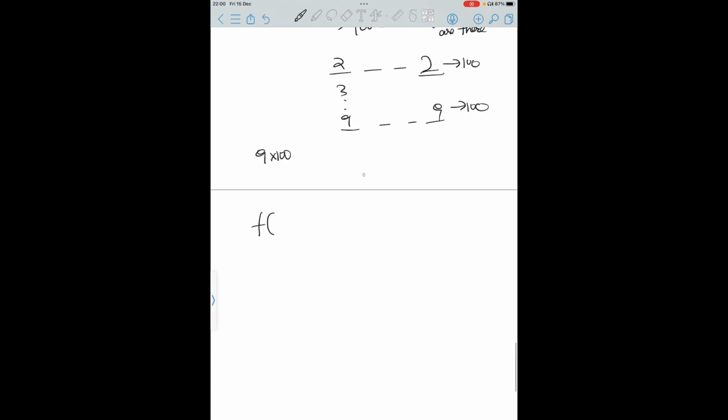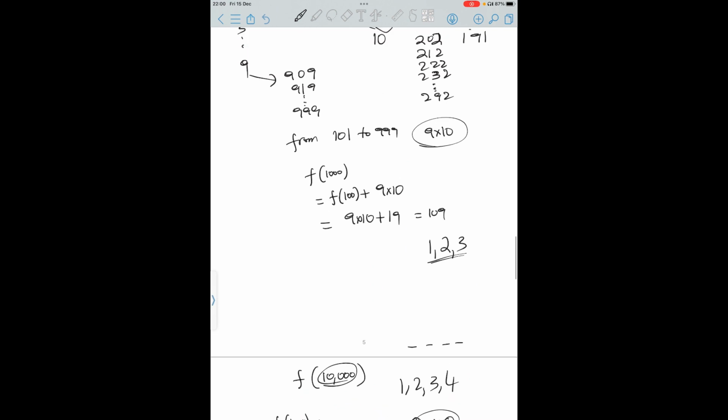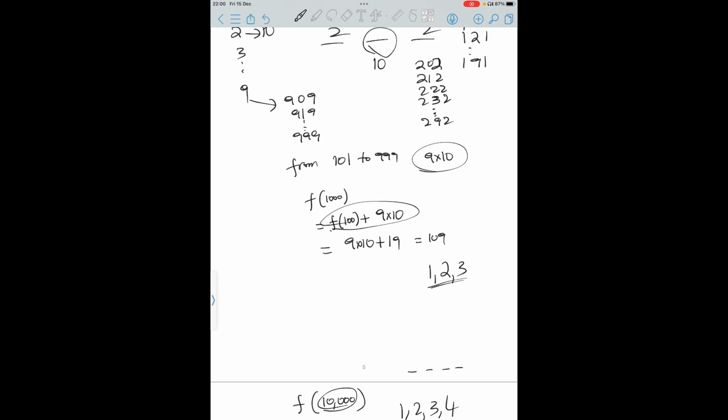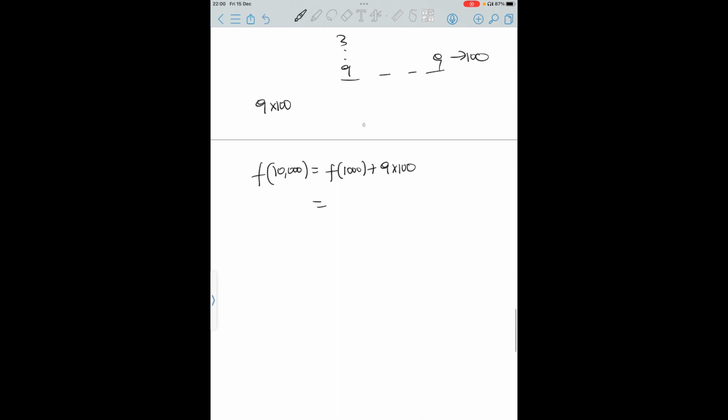So f of 10,000 would be f of 1000 plus 9 into 100. So f of 1000 is 19 plus 9 into 10. You can observe one relation every time we increase the number of digits. Until 10 we got 10 such numbers, that is 1 plus 9, where 1 is for 0.